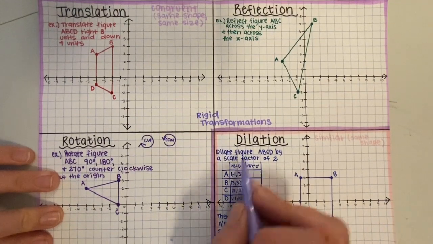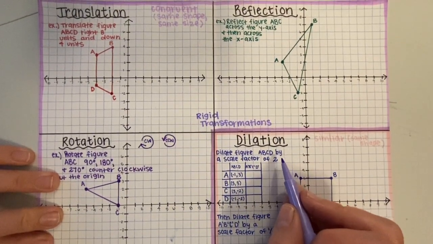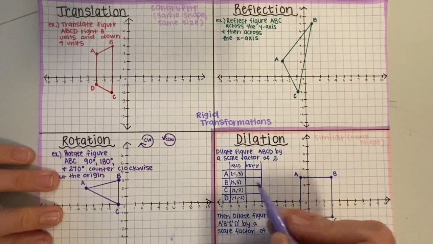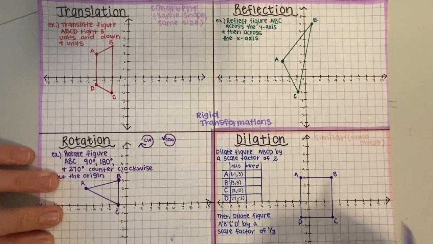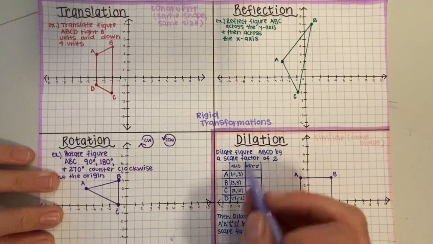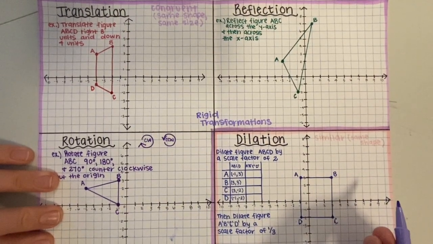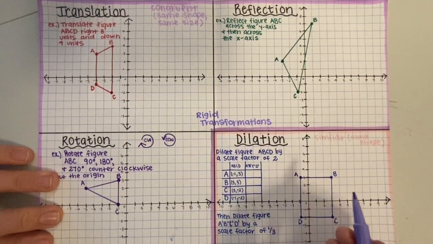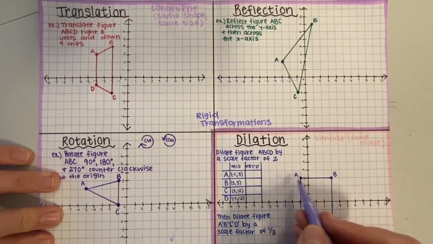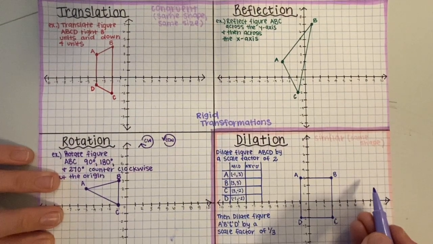Dilation, which is the oddball out, does not count as a rigid transformation because a dilation changes our size. So if I'm dilating something, I am changing the size of that figure.